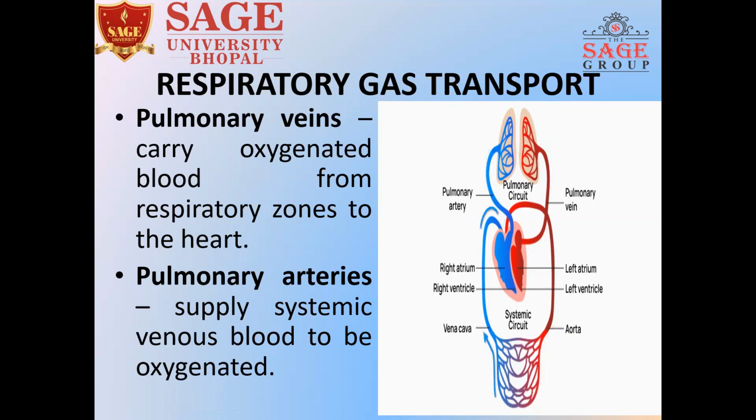Then, on the blue side, you can see a blue arrow, through which the CO2 from the body tissues, in the form of carbonic acid, that is the bicarbonate ion, goes through systemic veins to the right atrium of the heart, and then is pumped from the right ventricle through the pulmonary arteries to the lungs, and after that it is exhaled out into the external environment.